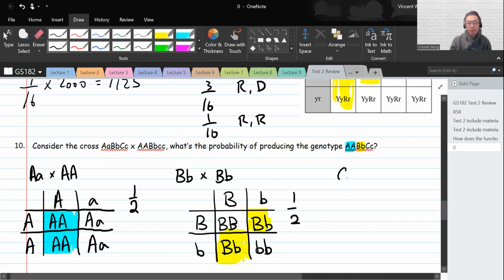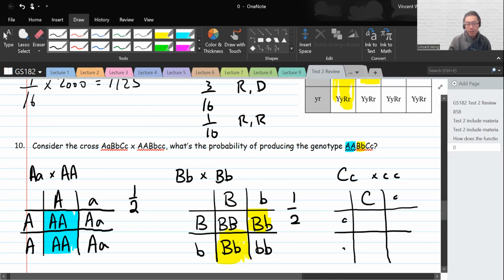We're going to just complete this with the C. Big C, small c, small c, small c.